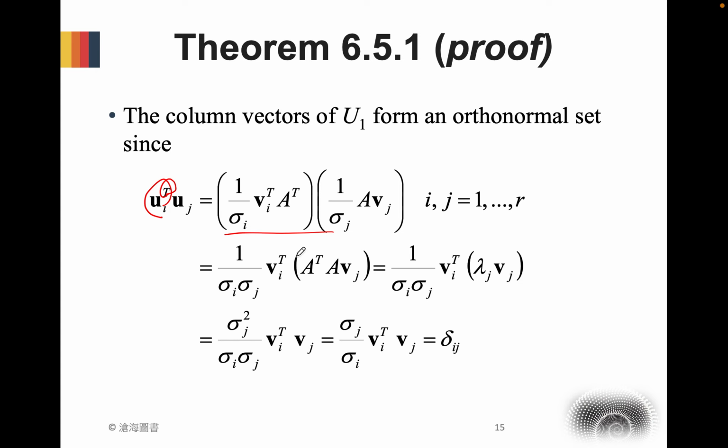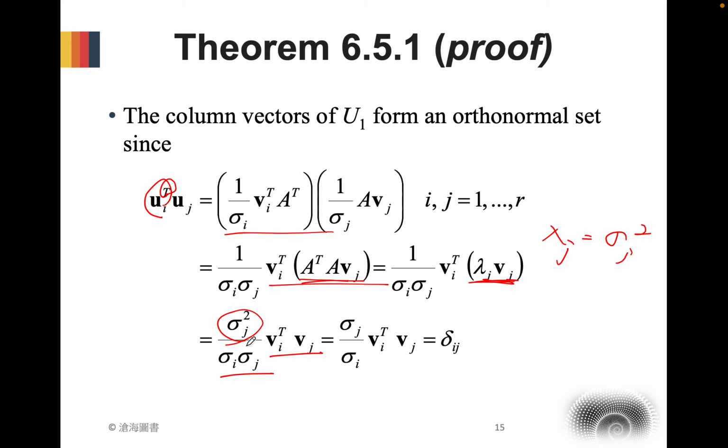We can rewrite it like this. Because Vj is the j-th eigenvector of A transpose A, this becomes lambda j Vj. So we take the lambda j out, and because lambda j is equal to sigma j squared, it becomes this, and it becomes this.